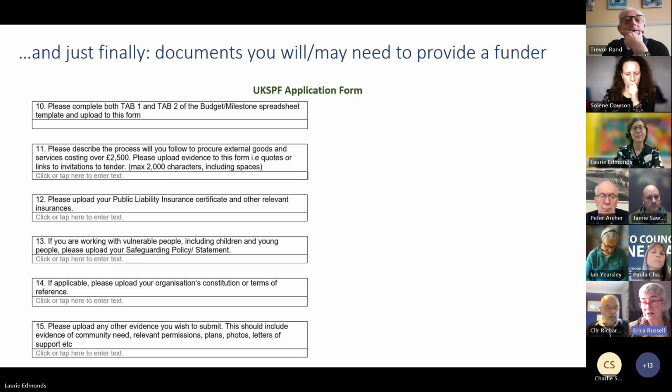If you are not a registered charity or a registered business, your organisation's constitution or terms of reference would need to be uploaded as well. So this is the final stage of the UKSPF application. If there's anything else you want to add, you can do that too. I just wanted to pick that up because some people had not quite spotted some of those things when they'd been looking at the draft form.